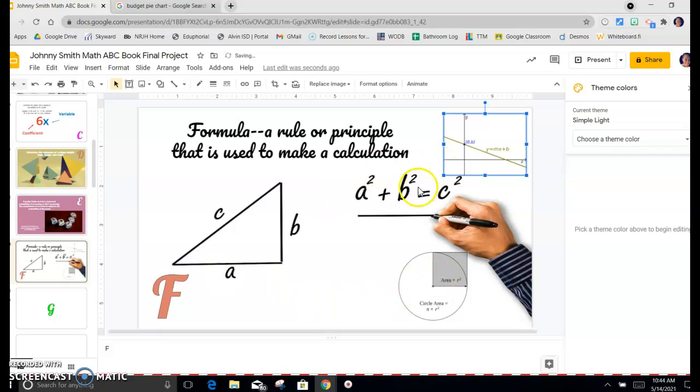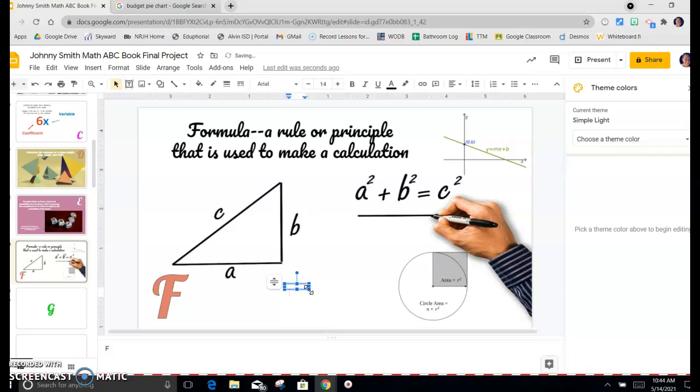We don't want to interfere with the Pythagorean theorem too much. All right. The example here: formulas are used to calculate the area of a circle or polygon.